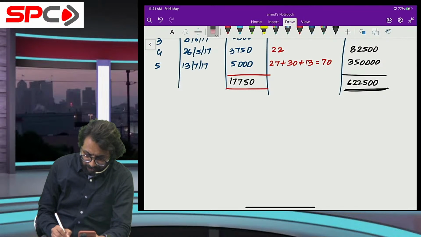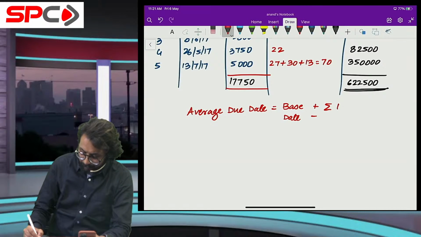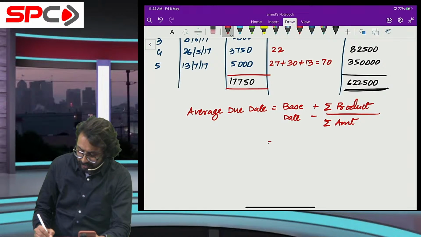Average due date is equal to base date plus summation of product divided by summation of amount. So this is equal to base date.